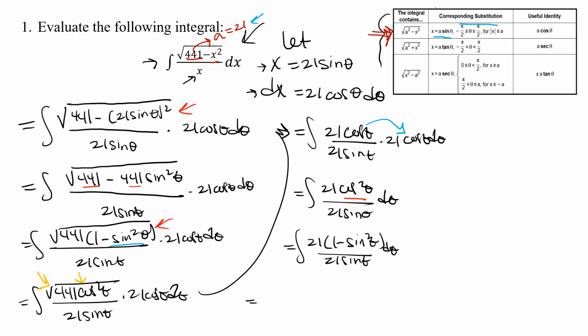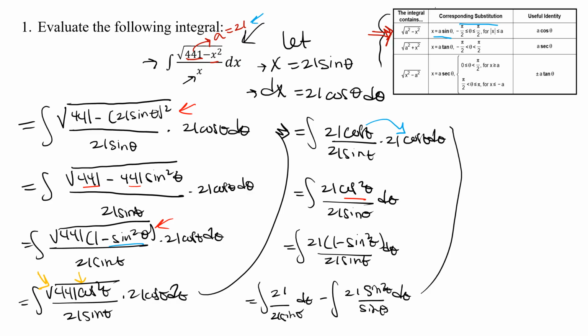our integral. So we're going to make it 21 over our 21 sine theta d theta, then minus 21. And then if you notice here, I have a sine squared over another sine, so we really could have just written sine theta, okay?